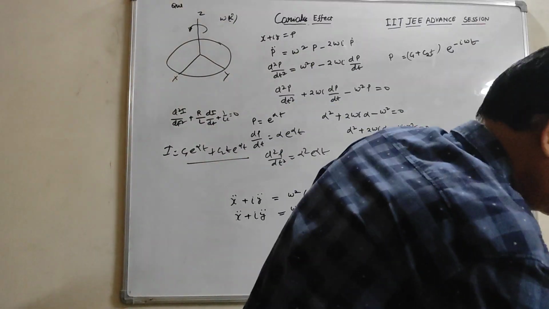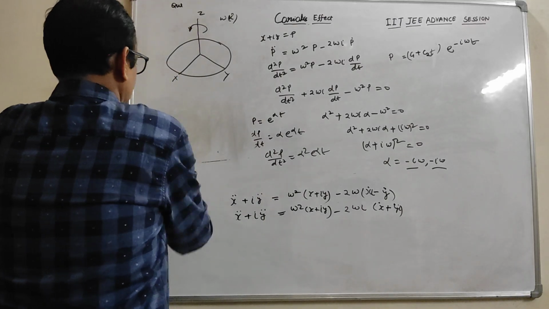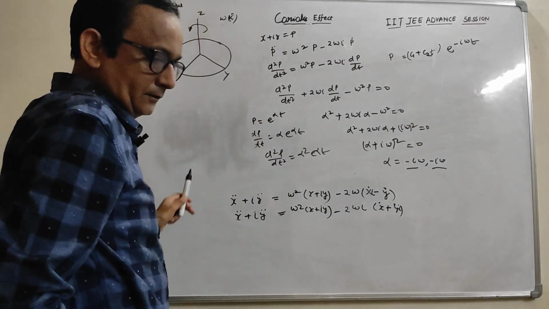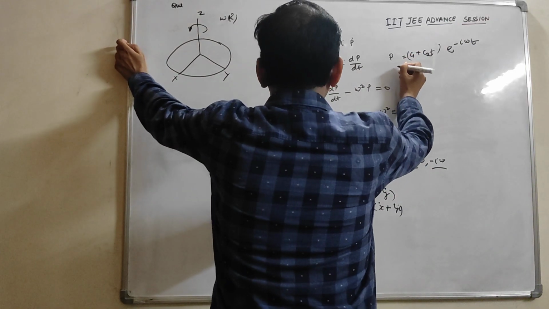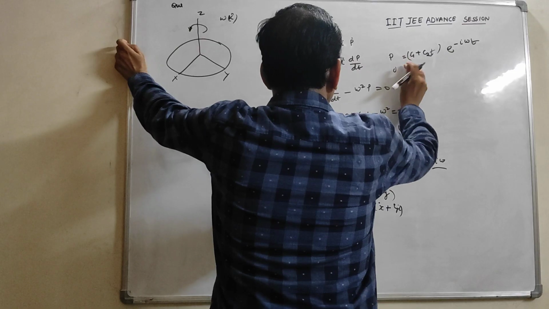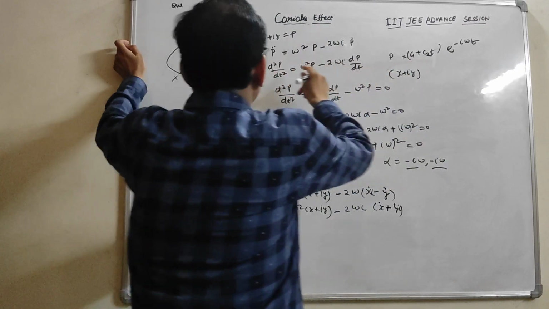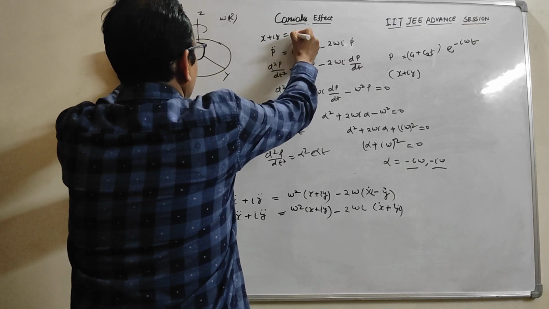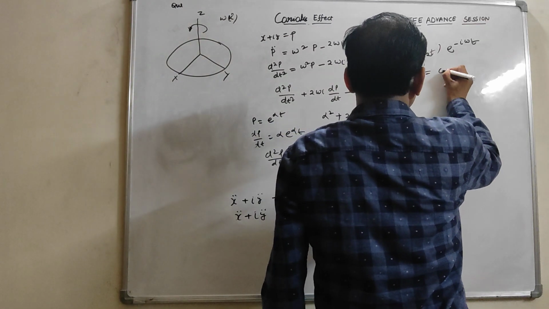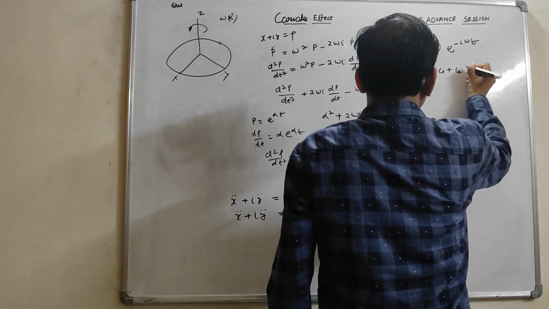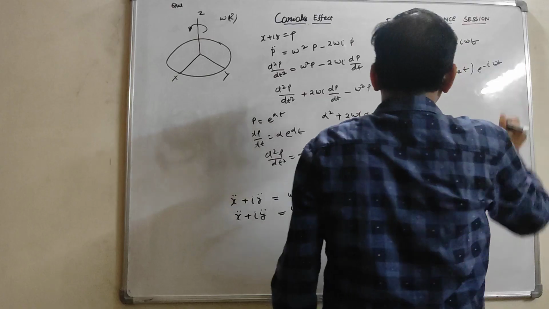So we can write here x plus iy is equal to p. So this will be c1 plus c2 t, e raised to power minus iota omega t.